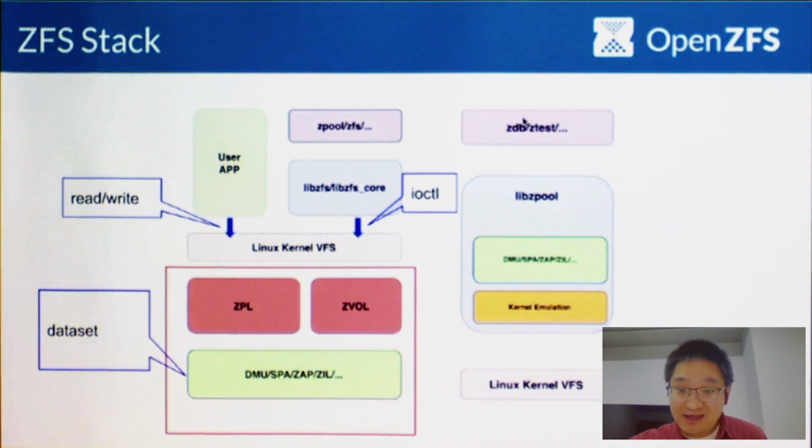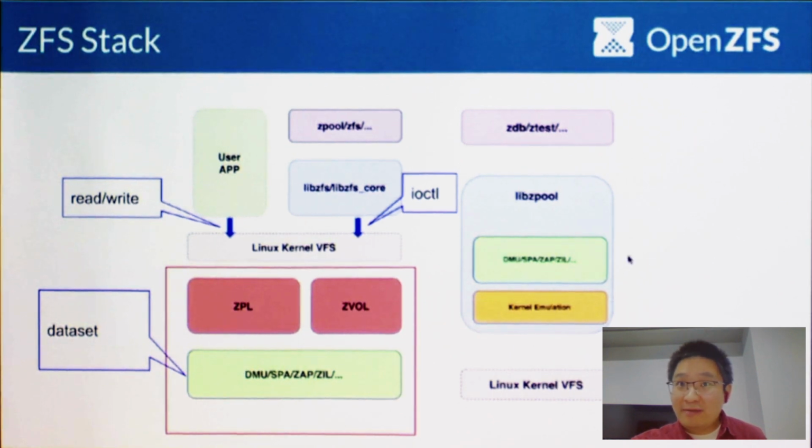ZDB and ztest are utilities linked to libzpool to do their work, like dumping information of an object or doing test work. Then, how do these components in the green box run in Userland? Libzpool adds a kernel emulation layer.